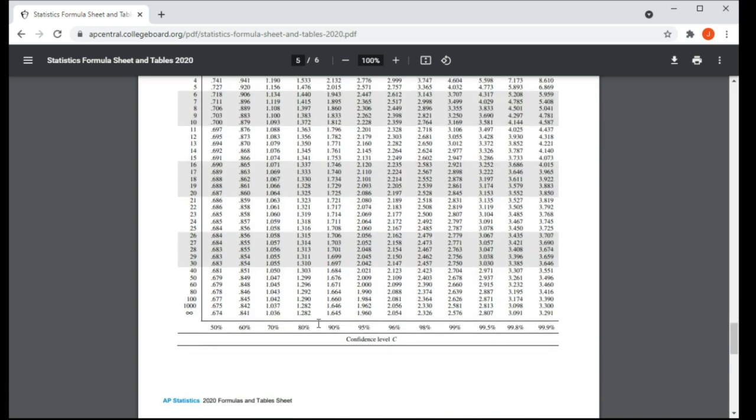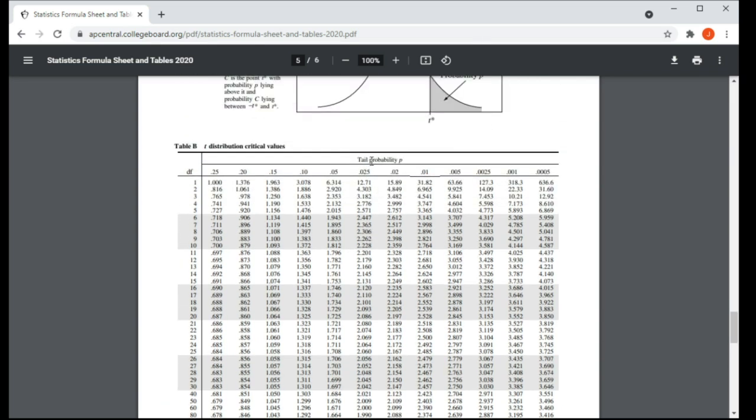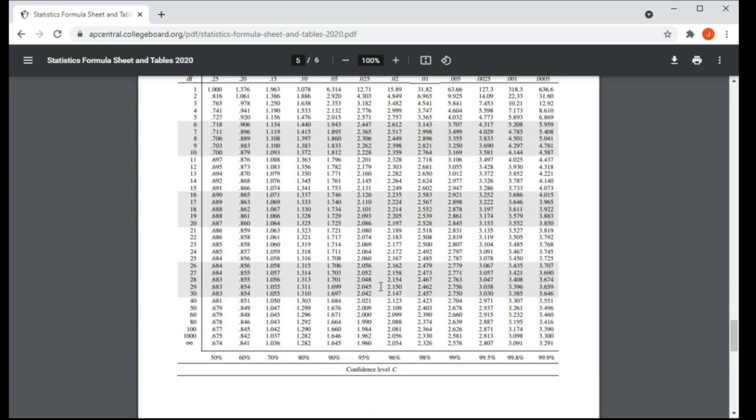Okay, so you can look at the bottom and it tells you the confidence level. So if I'm doing a 95% confidence interval, I'm going to use this row right here, because the tail probability is 2.5%. 2.5, 2.5 makes 5%, which is the complement to the 95.